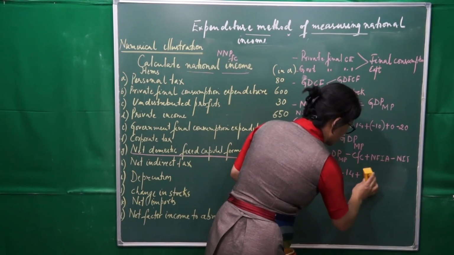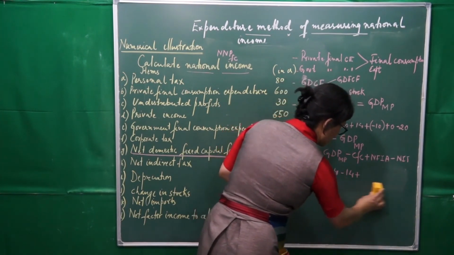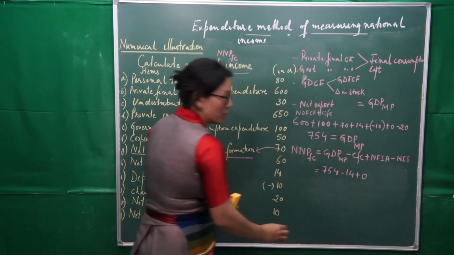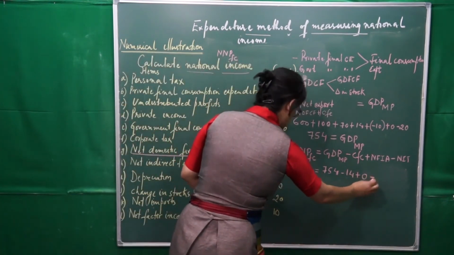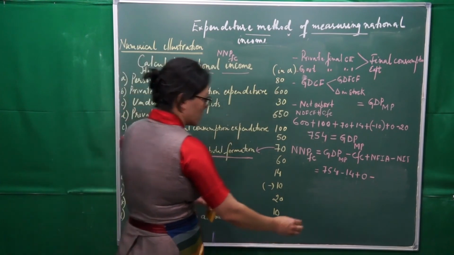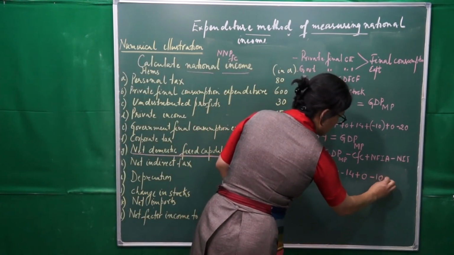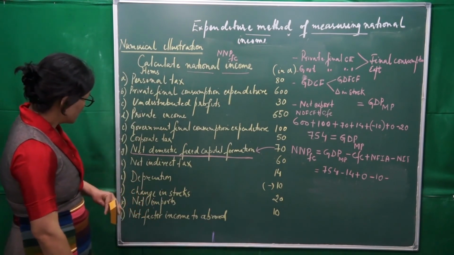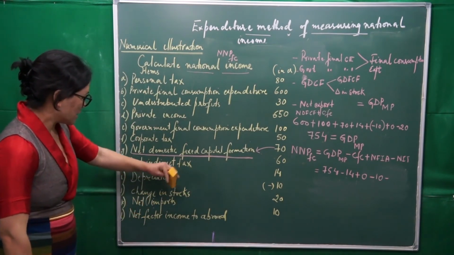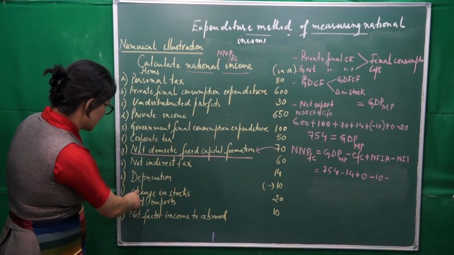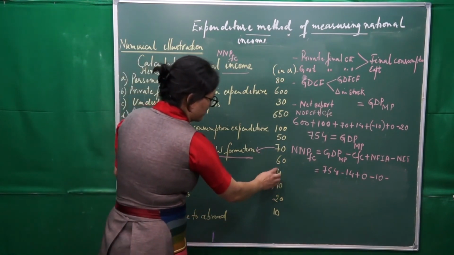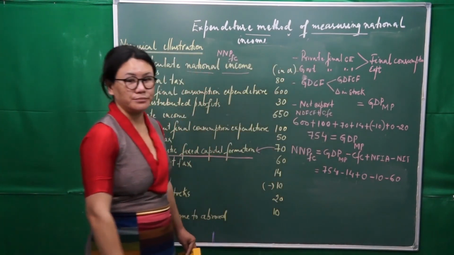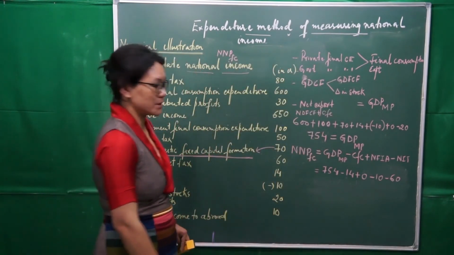minus plus net factor income from abroad is 0, and which is given here, net factor income to abroad, which is given here 10, minus NIT, net indirect taxes. So is it given? Yes, it is given here, net indirect taxes, that is 60. Alright, now how much will you get?